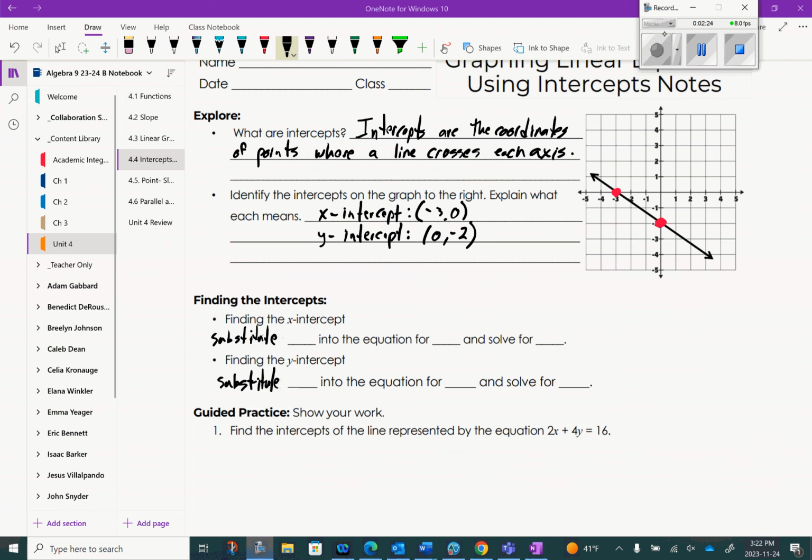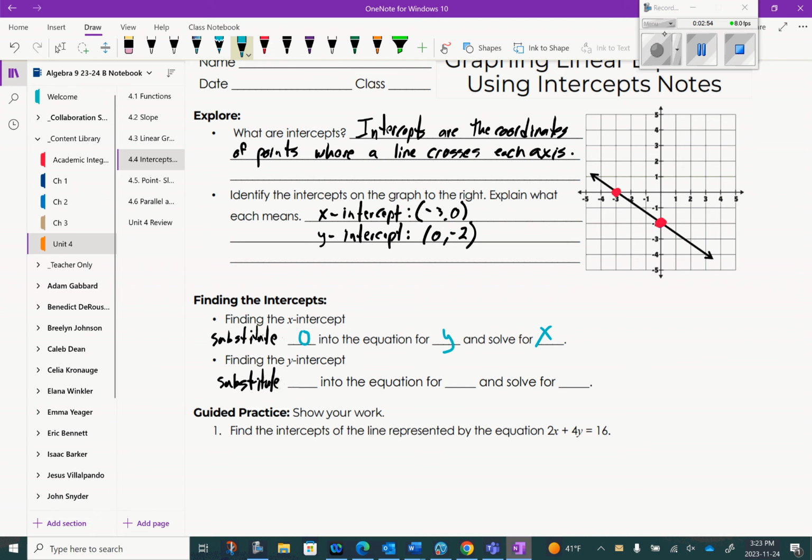We've talked about before, there is no easier number to substitute than 0. So that's exactly what we're going to do with the algebra part of this to find the x-intercept, to find the y-intercept. If we're not given the graph, to find the x-intercept, we are going to substitute 0 into the equation for the y and solve for x.